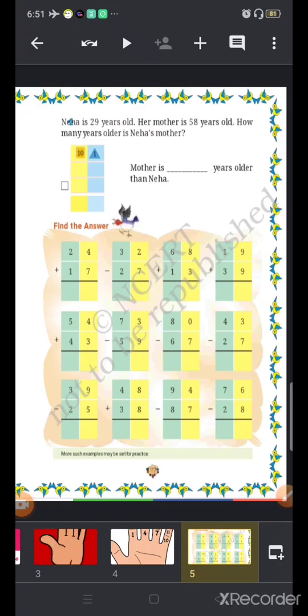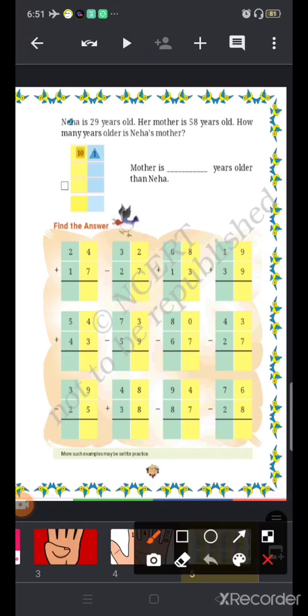These numbers, 29 and 58, we will write in these boxes. Which number will we write first, 29 or 58? Yes, we'll write 58 first because 58 is bigger than 29.